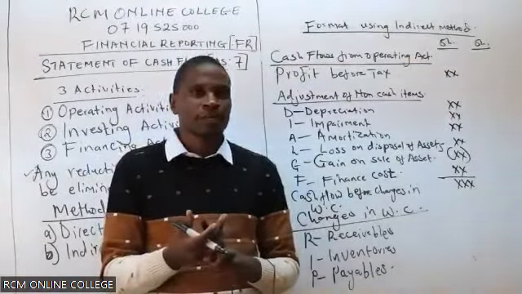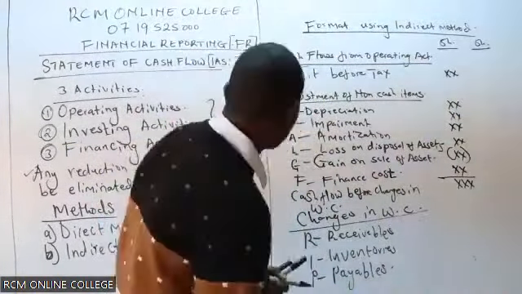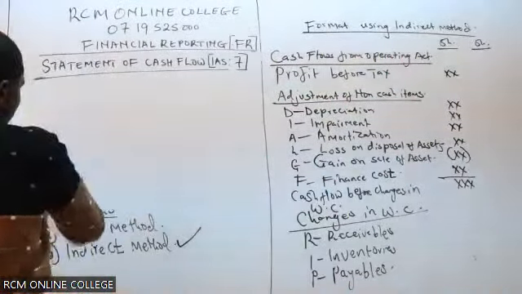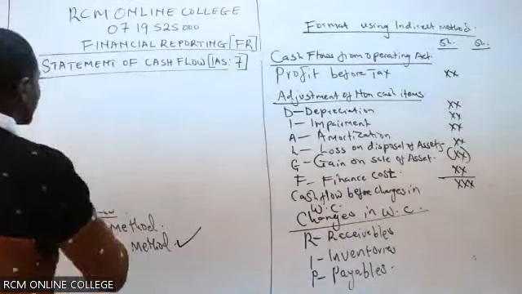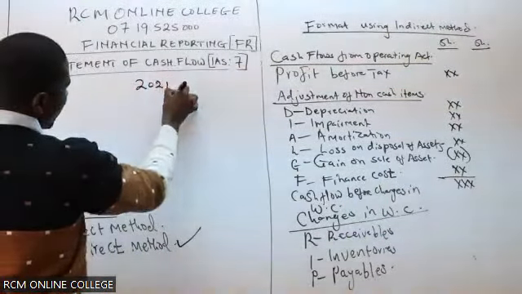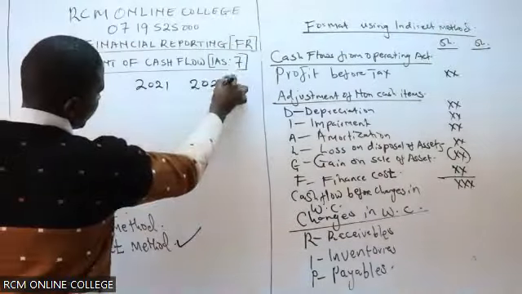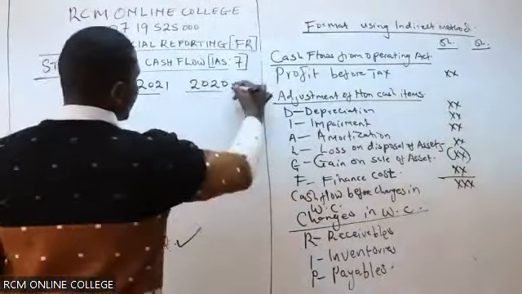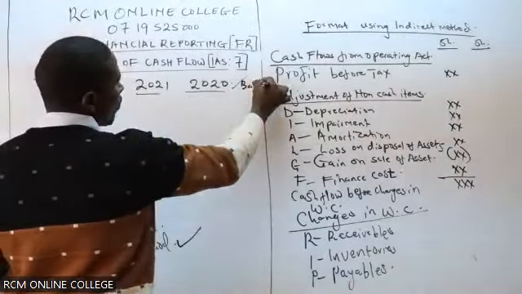So you check. For example, I have year 2021 here, 2021 and 2020. This is the current year, the previous year. So this stands for all the balances that were brought down.